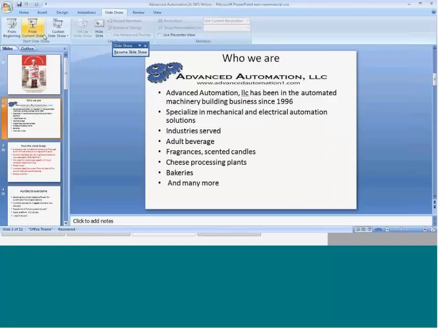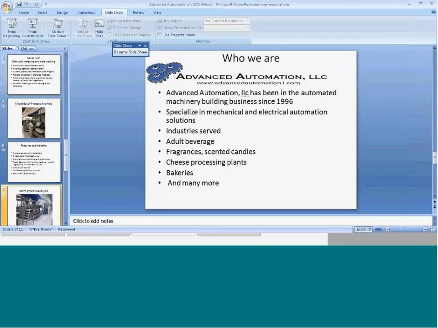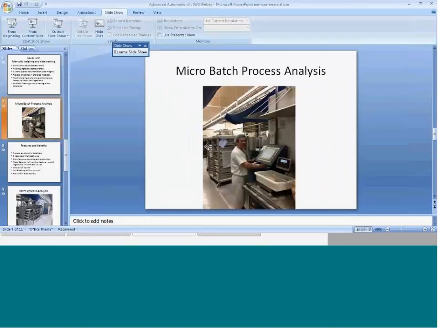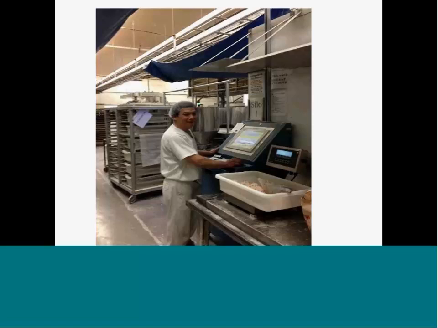Let's just go back to this. Okay. So if you look over the shoulder, this operator here, before this operator, his job was specifically to make batches all day for the second shift. He didn't run the current production, he just made batches.